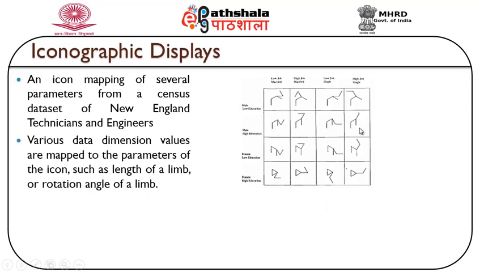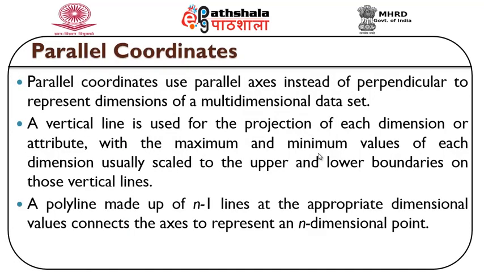The various data dimension values are mapped to the parameters of the icon, such as the length of the limb or the rotation angle of the limb, etc. So the census data is actually mapped onto the various dimensions or parameters of the icon, such as each and every limb of the icon. So these represent an iconographic display. If we see, the limbs are connected in such a manner, or all the 4 parts of the organs are connected in such a manner based on the data values as such.